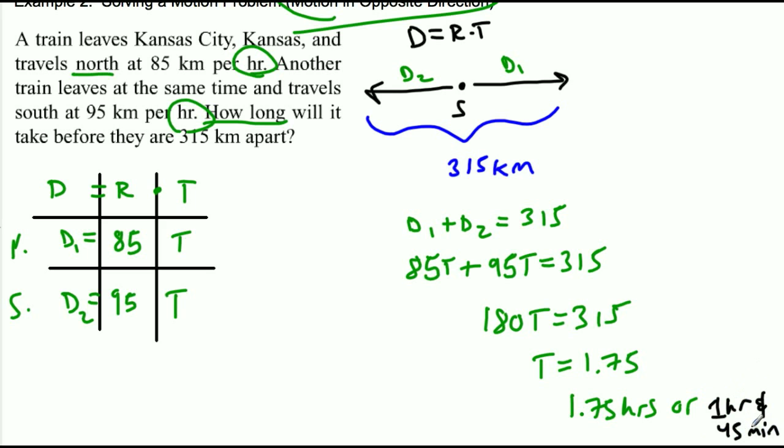And I got 45 minutes because if we break our clock into hours, right, 12, 3, 6, and 9, the first quarter is 15 minutes, the second quarter is 30 minutes, the third quarter is 45 minutes, and then an hour. So that's why .75 of an hour is 45 minutes, which is how I got that. So our answer is really 1 hour and 45 minutes, or if you want to say 1.75 hours, that's going to be fine as well.